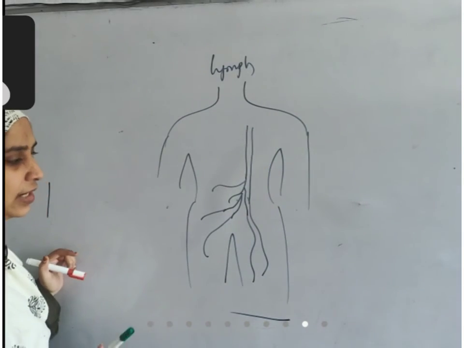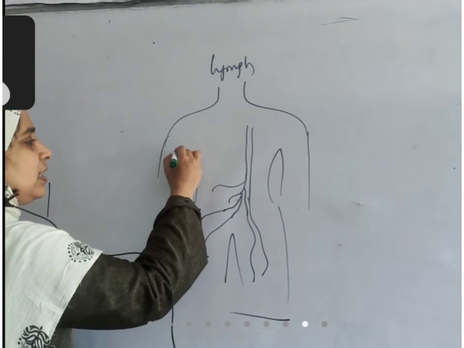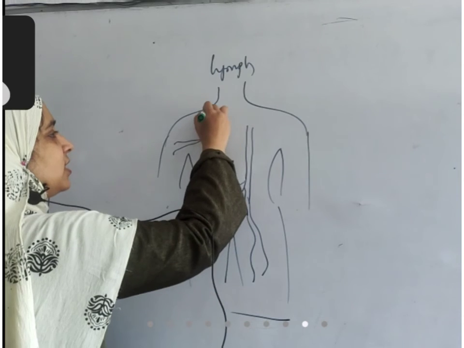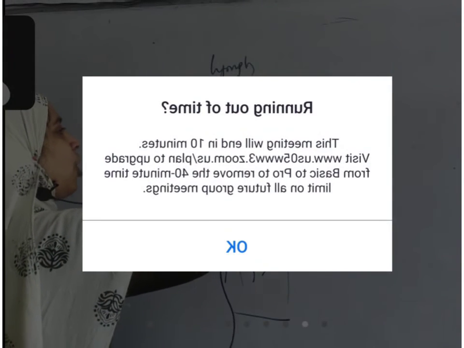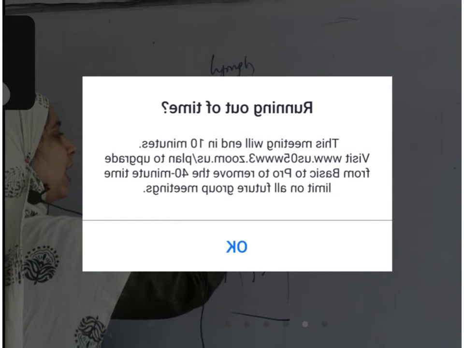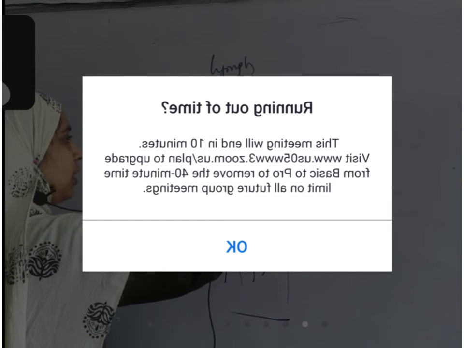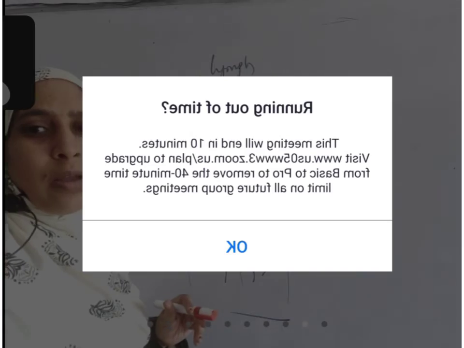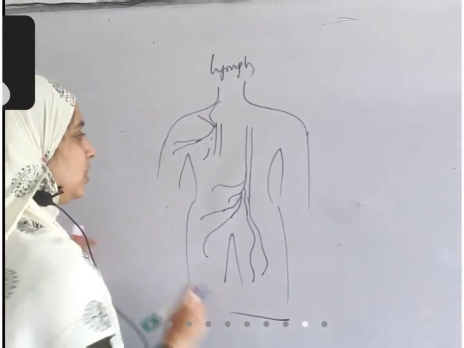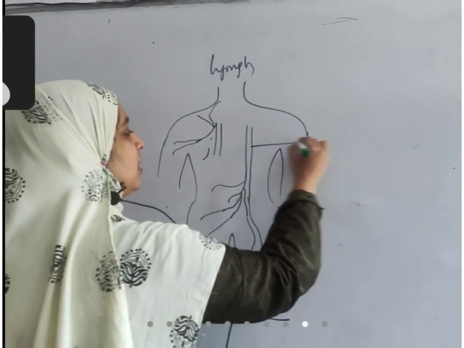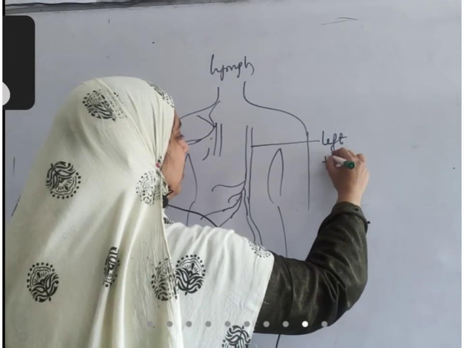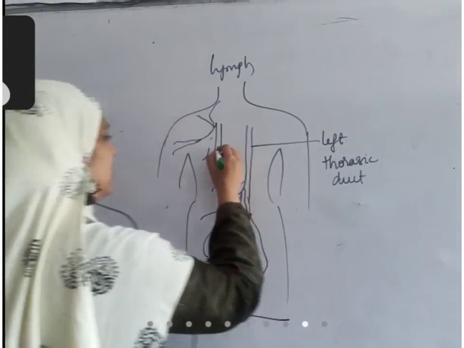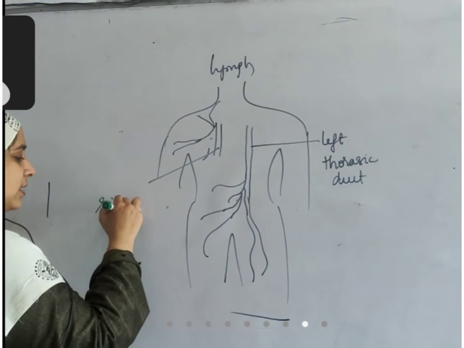The lymphatic fluid from the right arm, right chest, and right neck will form the right thoracic duct. So this is the left thoracic duct, and this is the right thoracic duct.